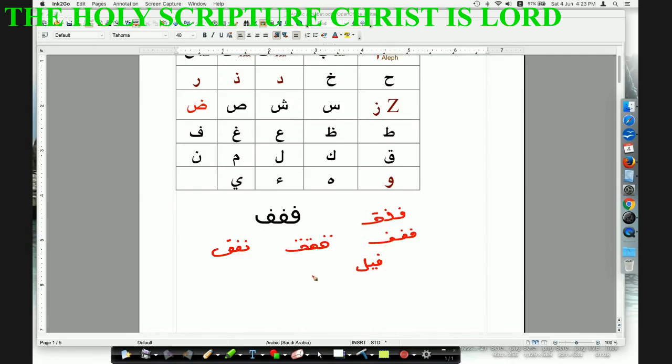Feel, which contains three letters, fa, and ya, and L, which resembles letter L in English. All right, like lemonade. So feel. So what we did, we shortened the fa. The fa was long before by itself. You see how long? We cut this thing here, we make it short. Fa. And whatever letter is going to be after it, we just add it. All right? So if we write the word fatha, fatha, it's on the board.